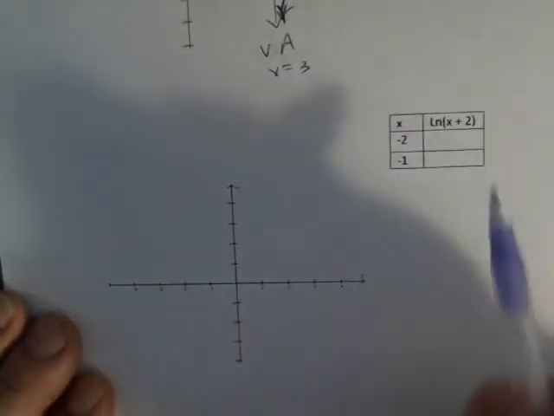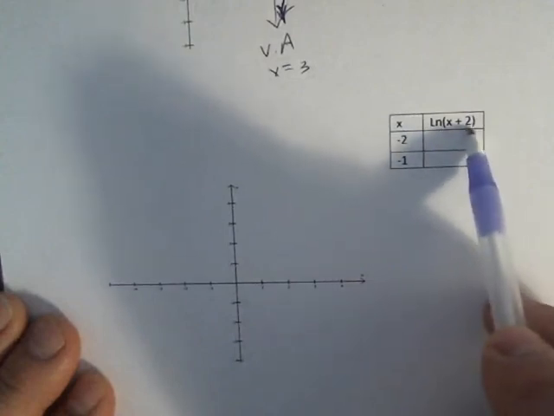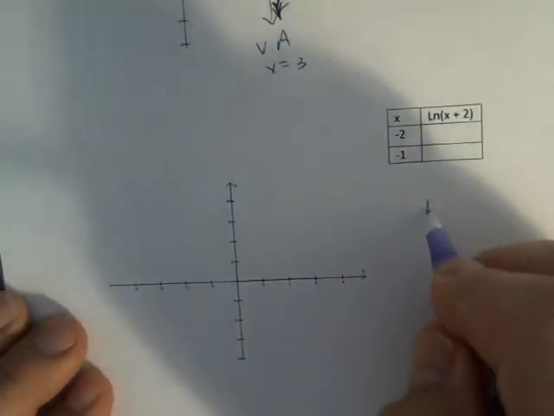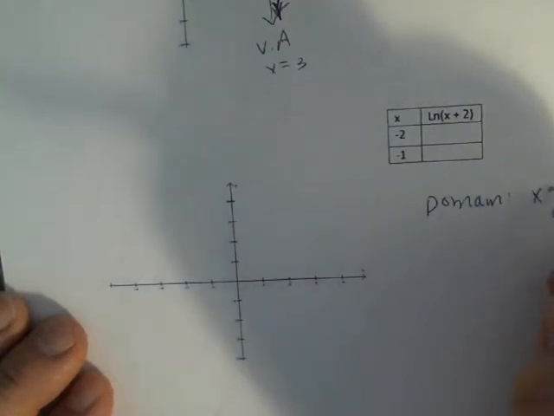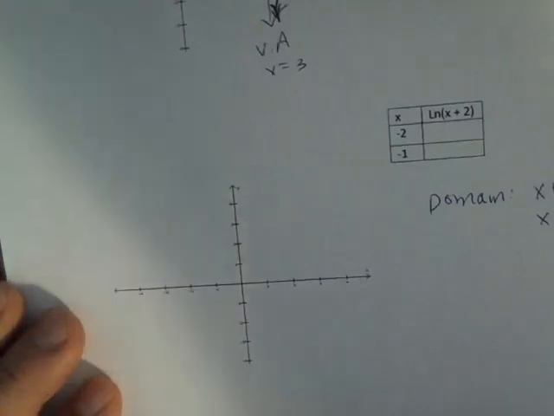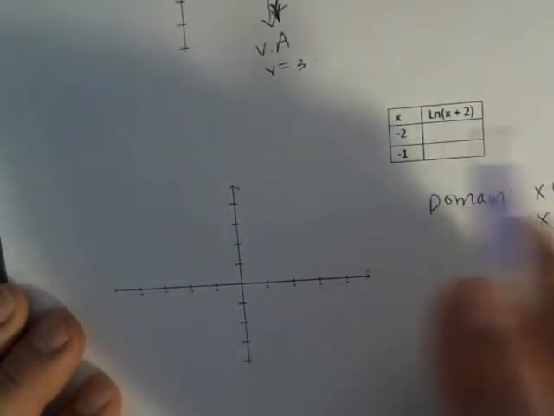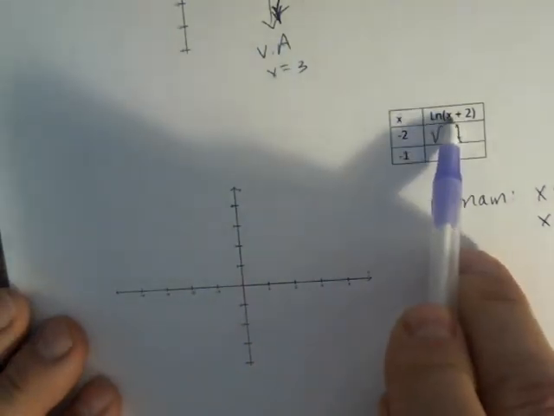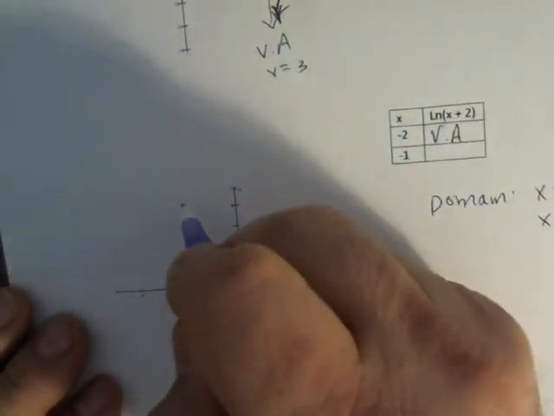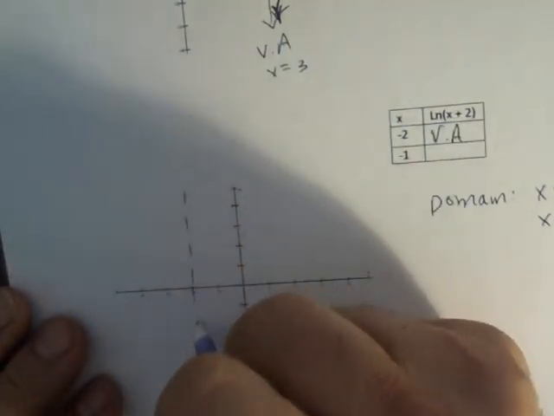So if I look at this one here, natural log of x plus 2, again, my domain, don't forget now, x plus 2 is greater than 0, so x is greater than negative 2. So when x is negative 2, that's my vertical asymptote. And again, it's a horizontal shift left. So I shift everything to the left.